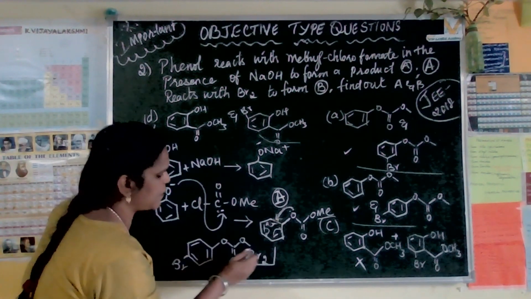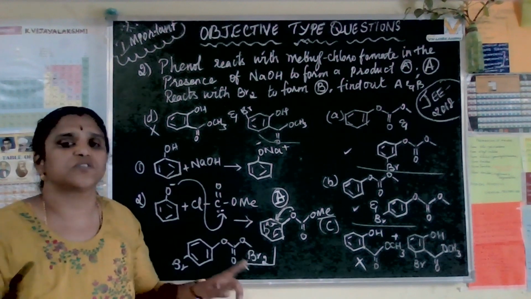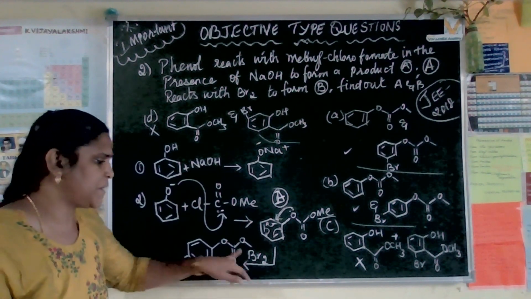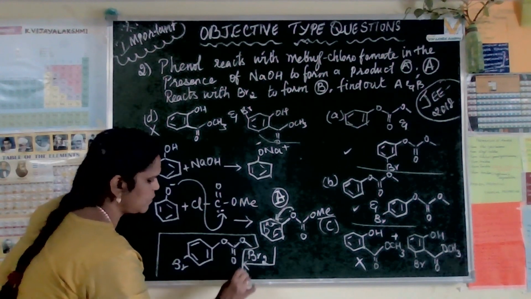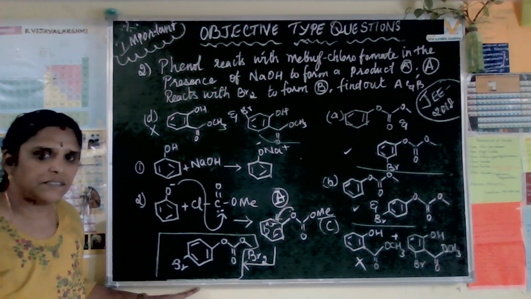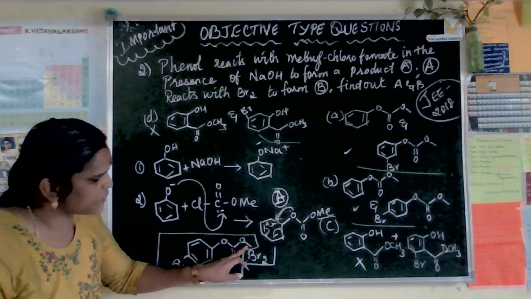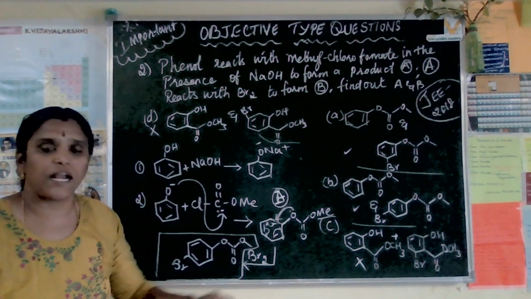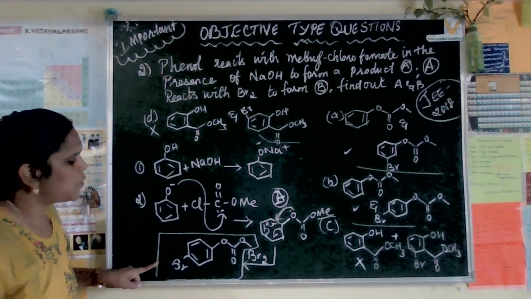Me also you can put, or else you can put one bond line that is attached with CH3. That is actually what it represents. So this is the compound you are getting. Is it visible? Hope you are understanding.